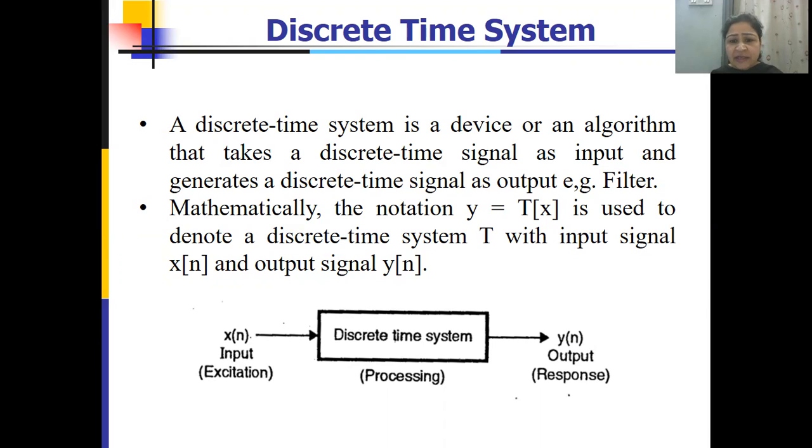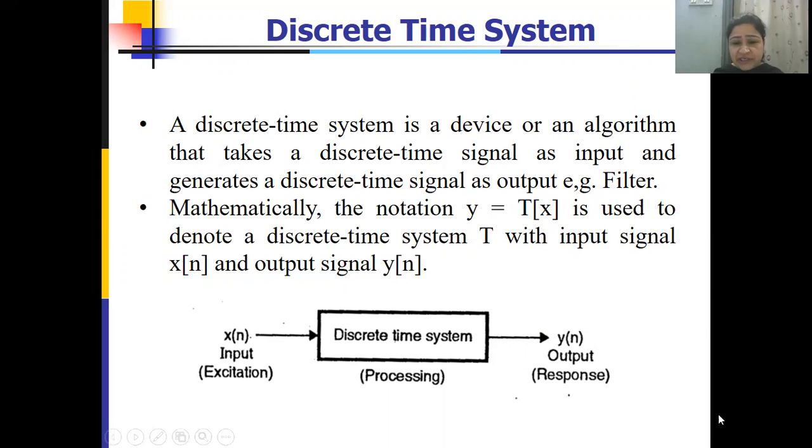So here the processing is done on the noisy signal and a new output signal is generated. So a low pass filter is considered a discrete time system because here we are giving a discrete time signal as an input and generating a discrete time signal as an output.